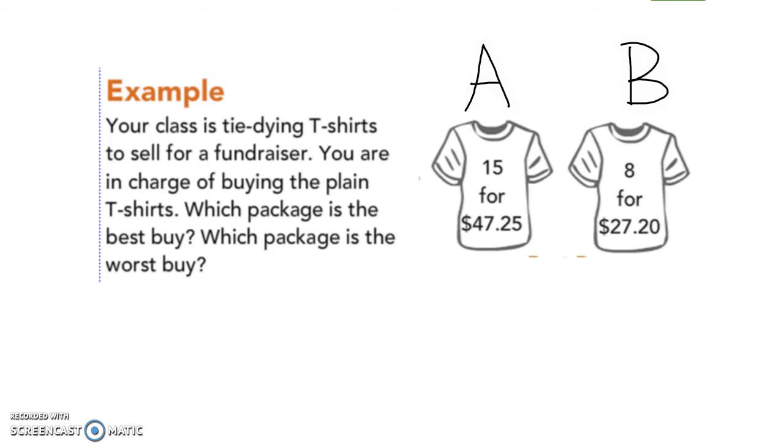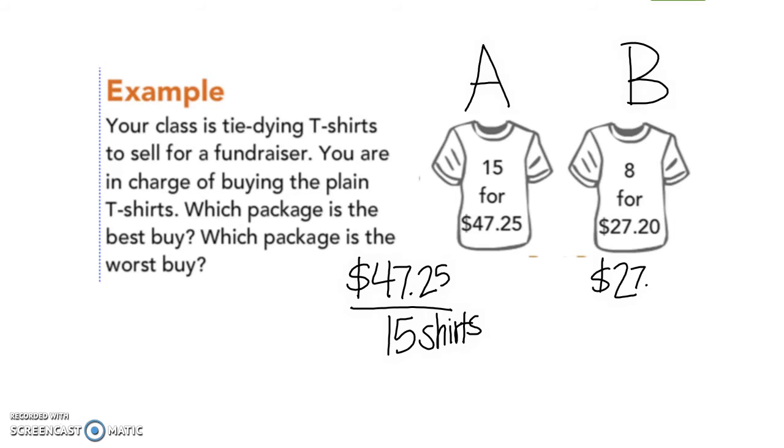Now how can I compare them? I want to find the unit cost. Now sometimes I see students do this 15 over 47.25. Remember, we want to find the price per item. So the price is supposed to go on the top of our little rate, or ratio. So we have that cost for 15 shirts, and then we have this cost for 8 shirts.